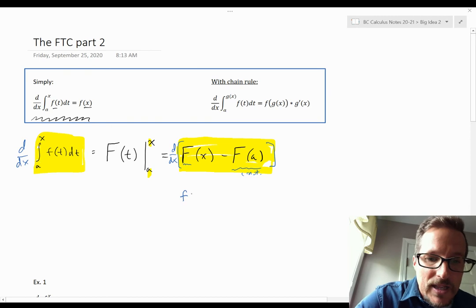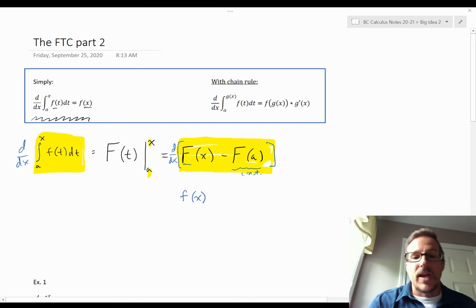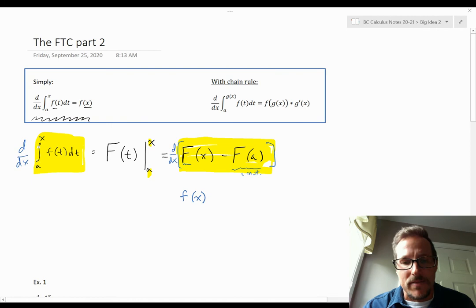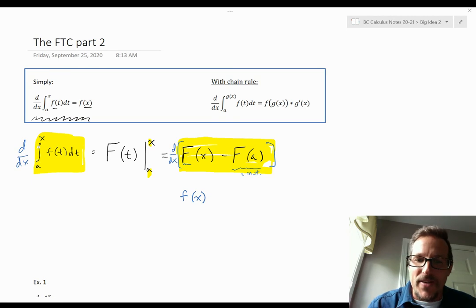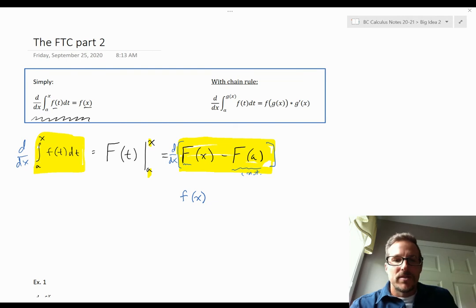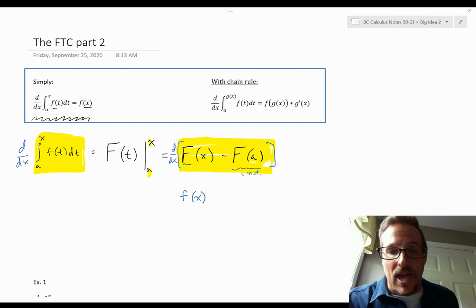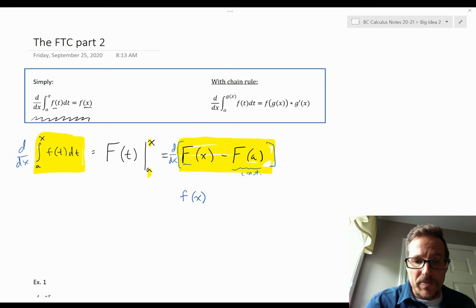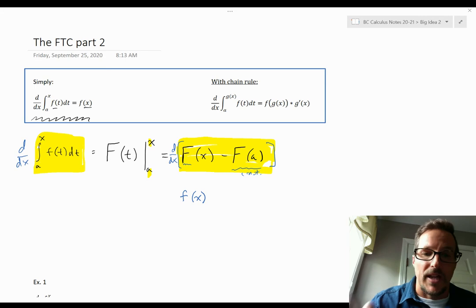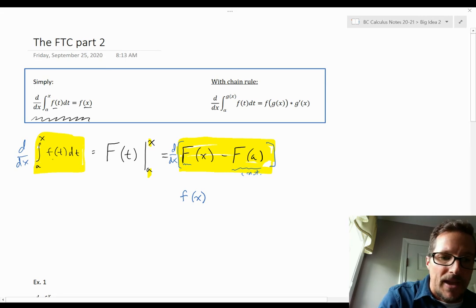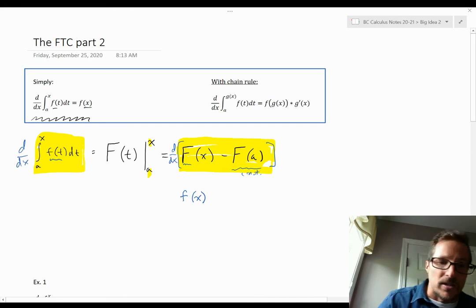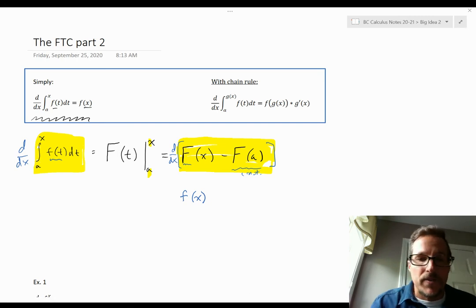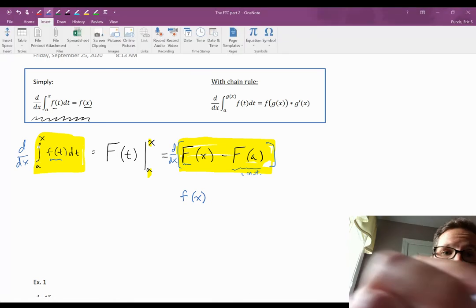That's why it's little f at x. And the antiderivative of a, wait a second, that's a constant. And the derivative of a constant is 0. So the derivative of cap F of x minus cap F of a with respect to x is just little f of x. It's the original function f, but now it's not in terms of this dummy variable t, it's in terms of x.